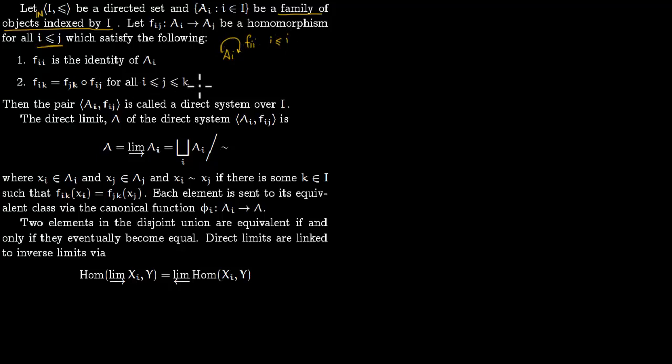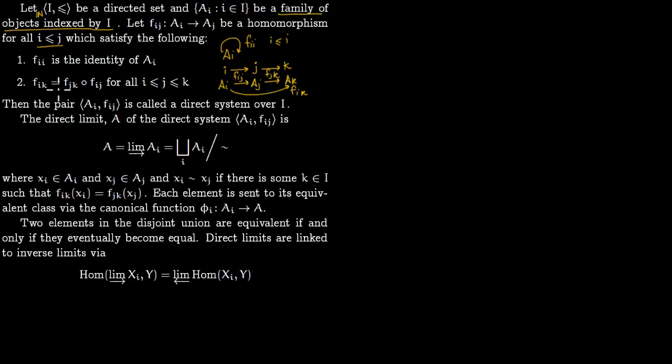And then you have a natural compatibility condition. So i is less than j, so you put an arrow like this. j is less than k, so you have an order like this. This order is coming from the directed set. Corresponding to this order you have your index sets, and you have these maps. This map is Fij, this map is Fjk, and this map would be Fik.